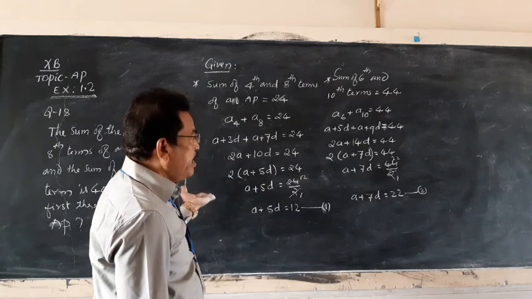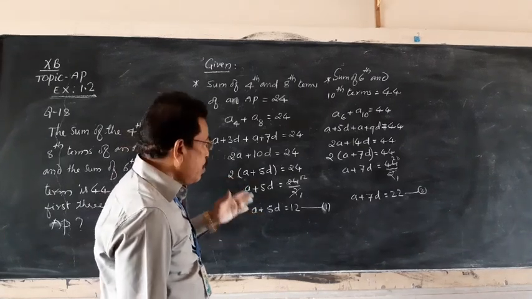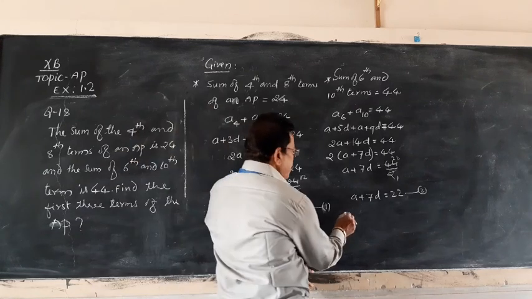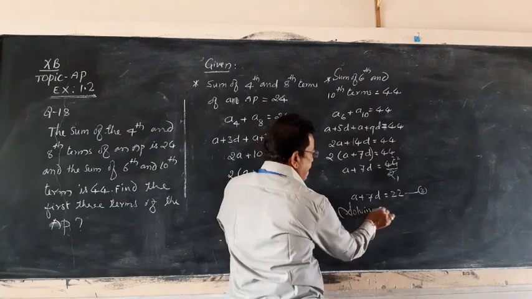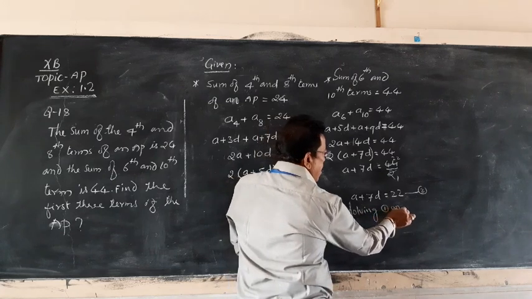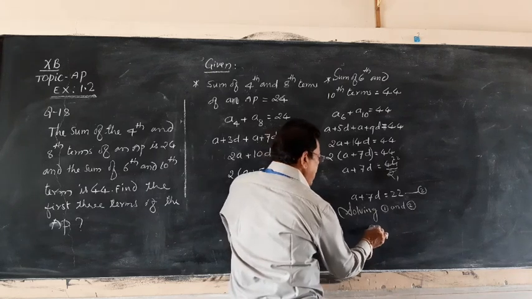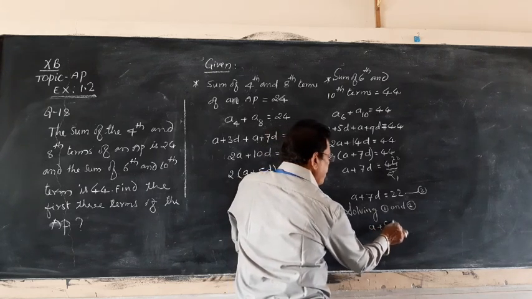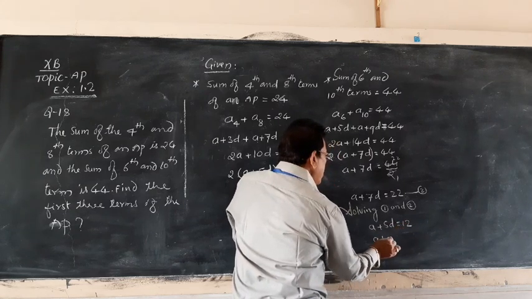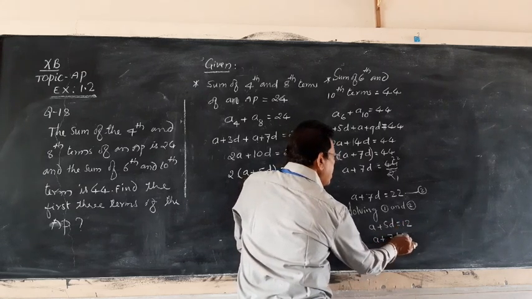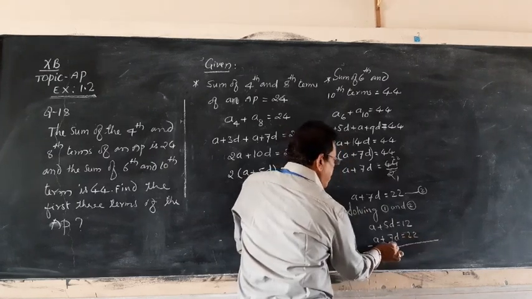We need A and D, then only we can write the terms of the AP. So solving 1 and 2: A plus 5D equals 12, A plus 7D equals 22.